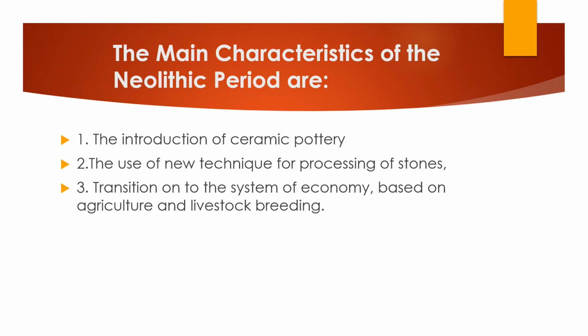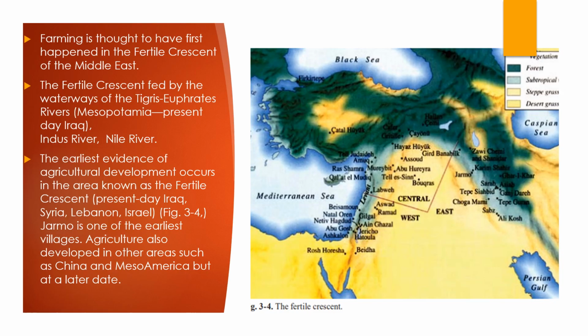So the main characteristics of the Neolithic period are the introduction of ceramic pottery, the use of new techniques for processing of stones, and the transition onto the system of economy based on agriculture and livestock breeding. In the next slide, you will see the Fertile Crescent.